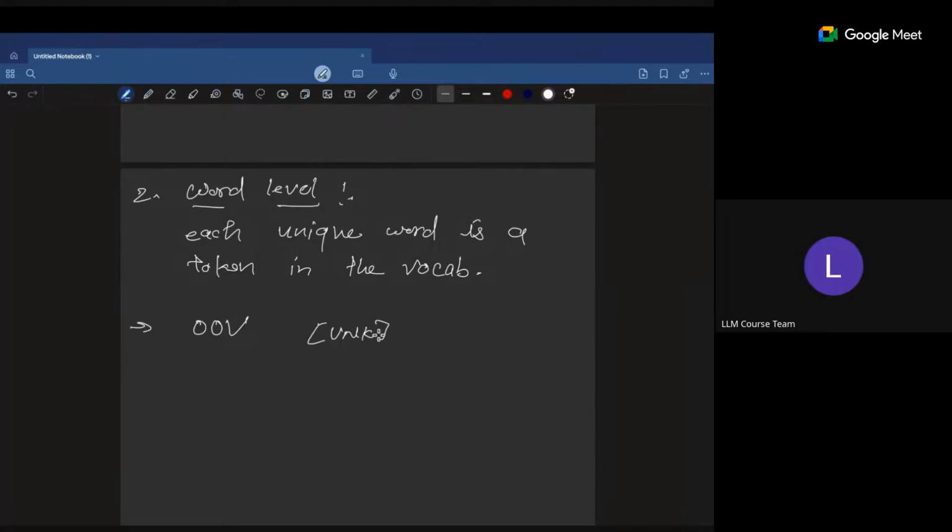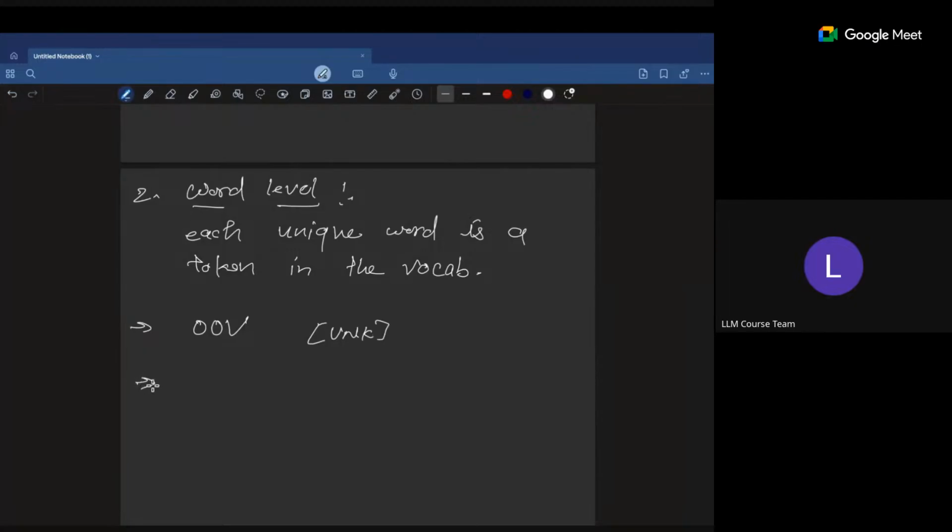In this case, the meaning of that word will be lost. So word level tokenization has meanings, but if the word was not present during training time, it is not handled well by these tokenizers. This is one of the issues with word level tokenization.